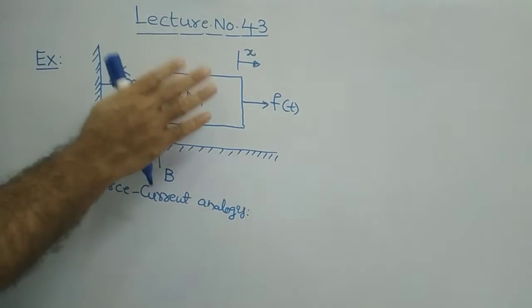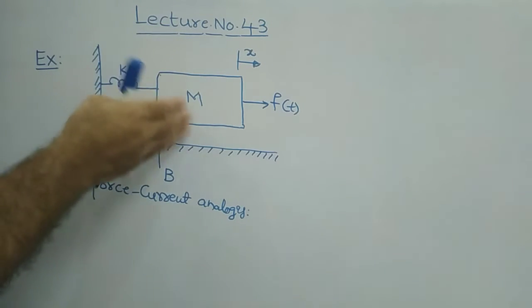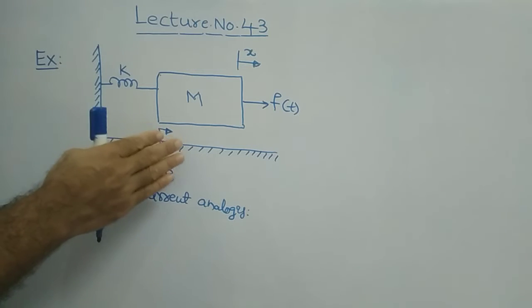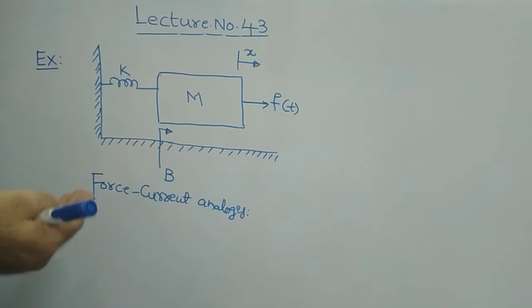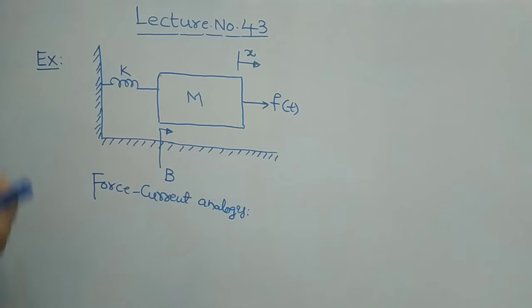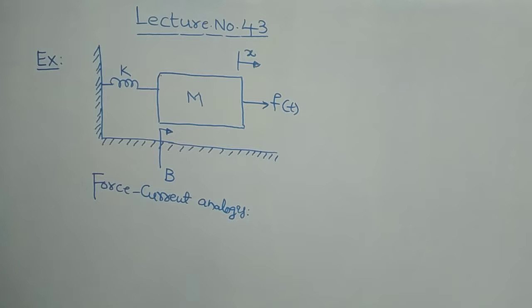Today we have considered the same, and we will first write the differential equations for this block, and then we will apply the force current analogy. Before converting into the force current analogy, we must understand how these mechanical elements are associated in this block.